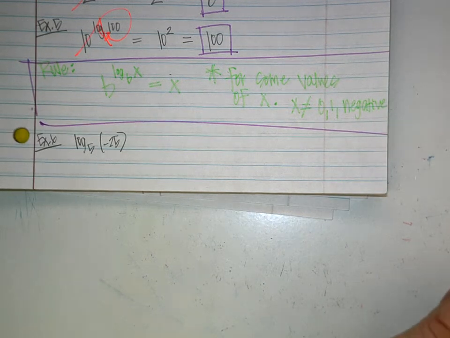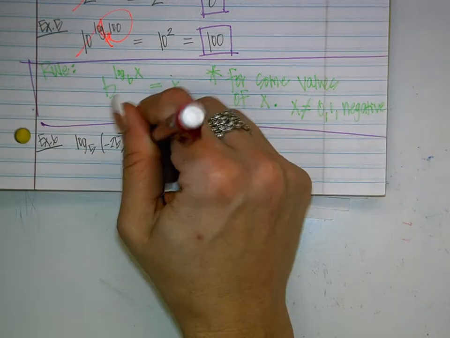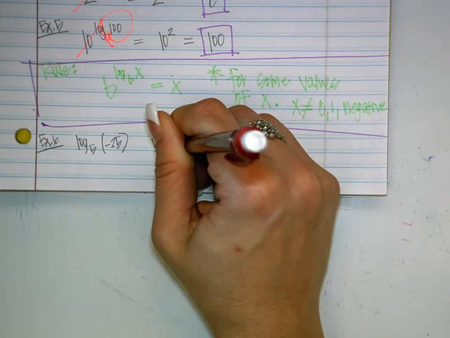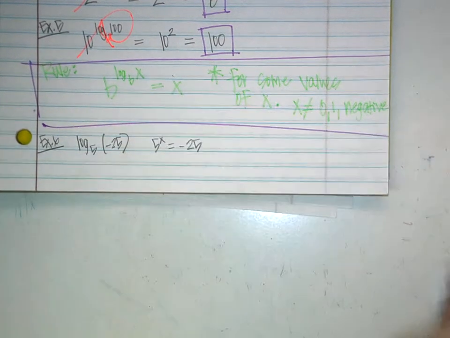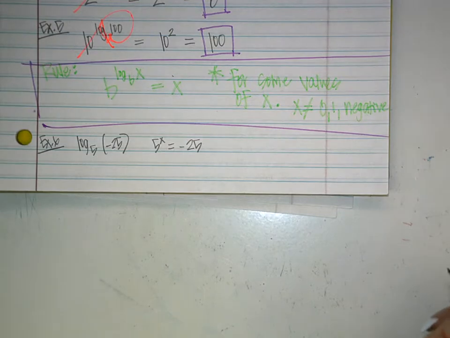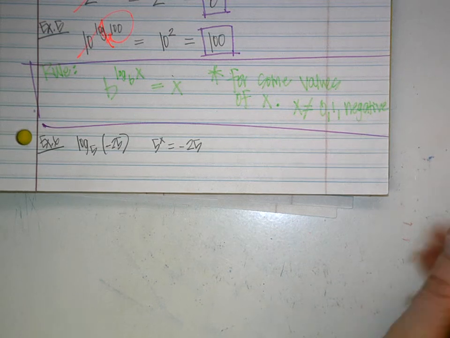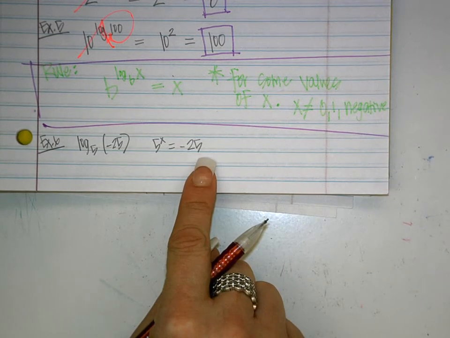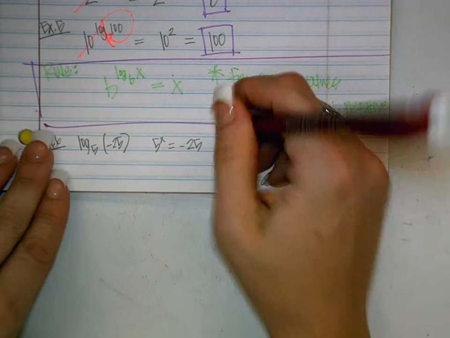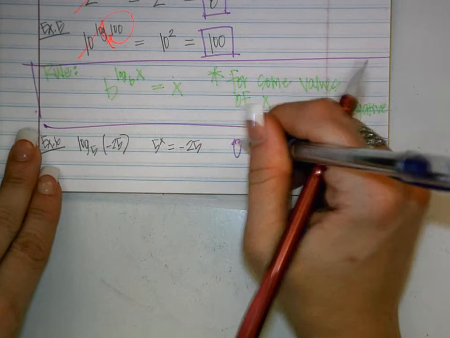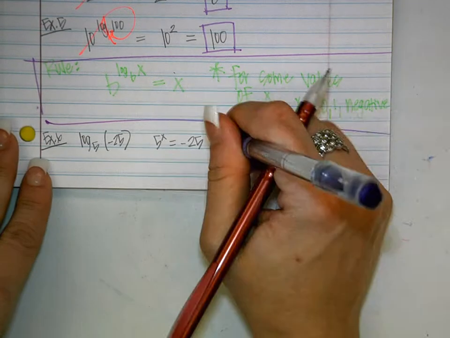If I rewrote this, we want to figure out 5 to what power equals negative 25. Is it possible? It's not possible, right? You can't say 5 to any power equals a negative. It's never going to work. This is undefined. So 0 with a slash through it. It does not work.